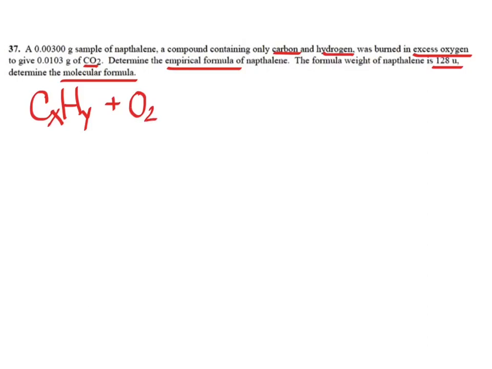And we know when a hydrocarbon is burned with oxygen, it produces what two things? Carbon dioxide and water. I cannot balance this equation because I do not know what X and Y is. Okay? So let's go to the next step.